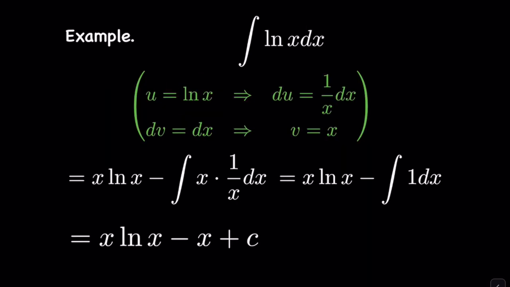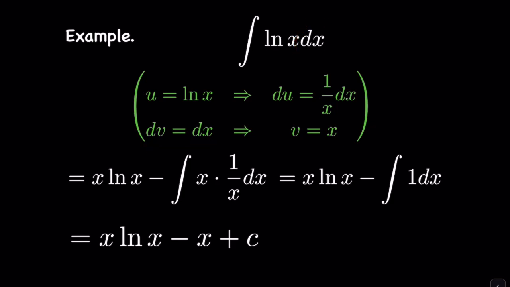Let's look at another example. So here I want to integrate the function natural log of x. Now after seeing the previous example, you know that u equals natural log of x is a good choice of u because its derivative is a much simpler function. It's 1 over x. So I'm going to take u to be equal to natural log of x, and the rest, which is just a dx, as dv.